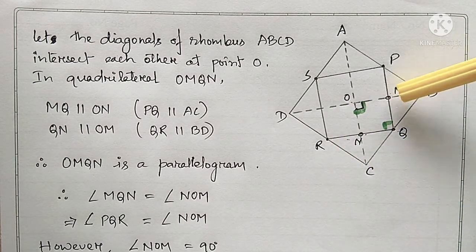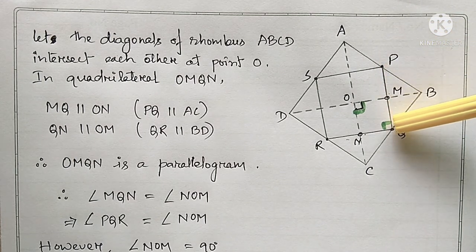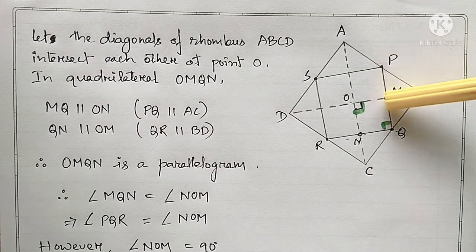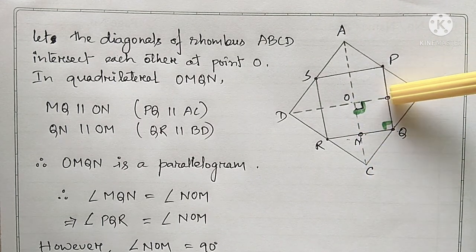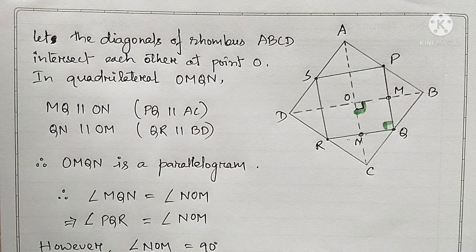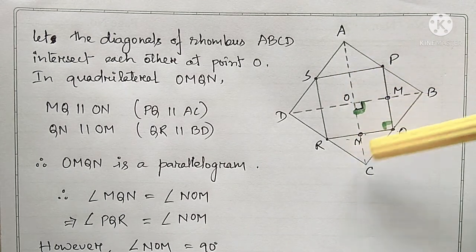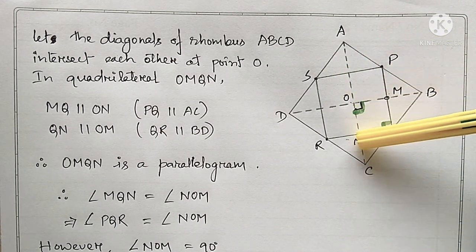In this case, very interesting, PQ is parallel to AC according to the midpoint theorem already proved, isn't it? If PQ is parallel to AC, then MQ is also parallel to ON, since they are the same lines.